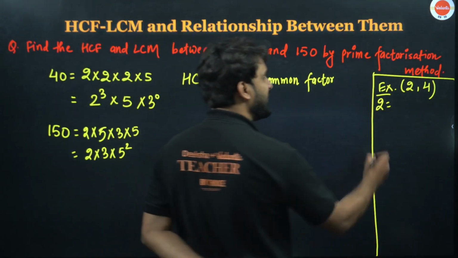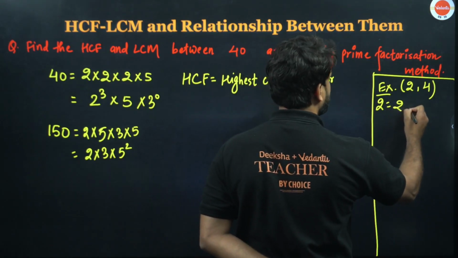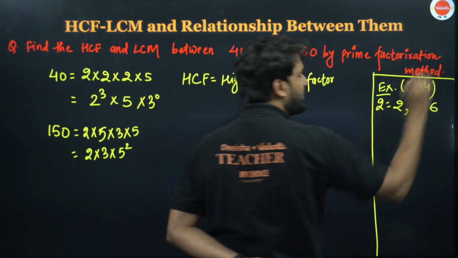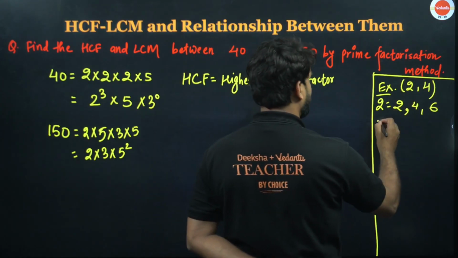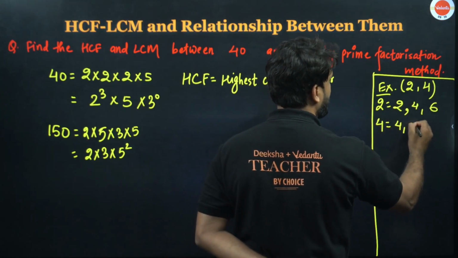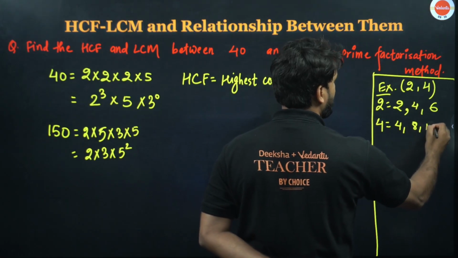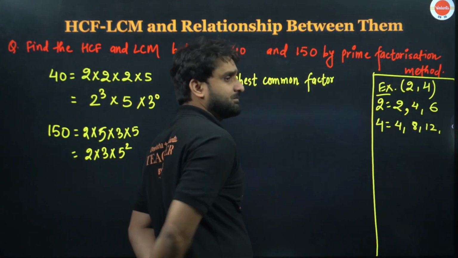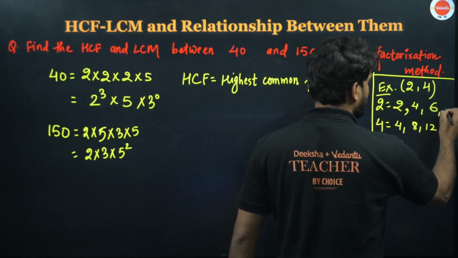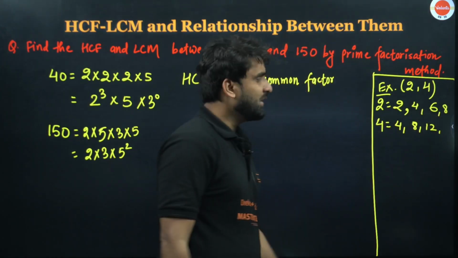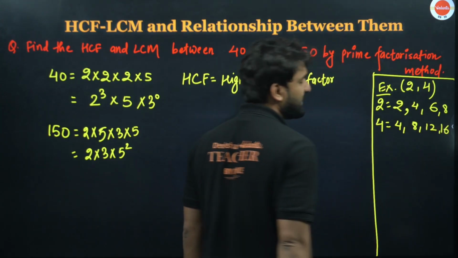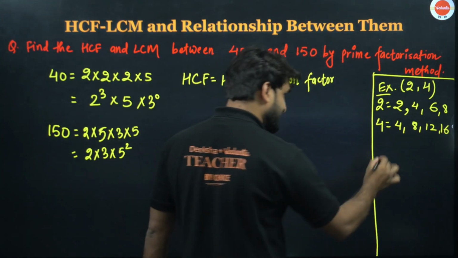If we write the table of 2: 2 1 ja 2, 2 2 ja 4, 2 3 ja 6 and so on. And the table for 4: 4 1 ja 4, 4 2 ja 8, 4 3 ja 12 and so on. Now, let's understand the HCF.